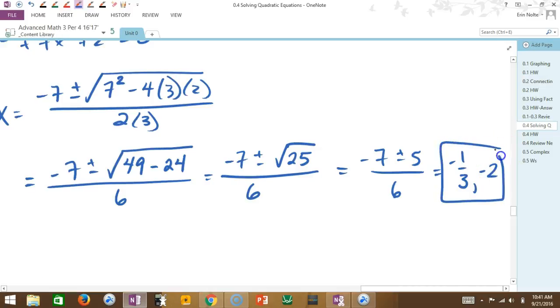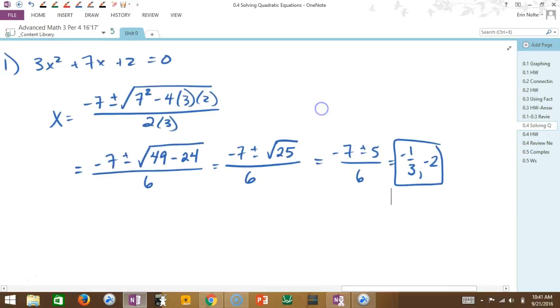So we are still getting those two solutions. We could graph this and find those solutions. We could factor this, or complete the square and find those exact solutions. Or we could quadratic formula that sucker.